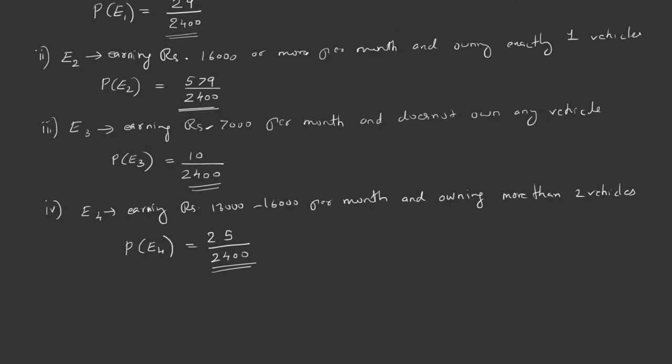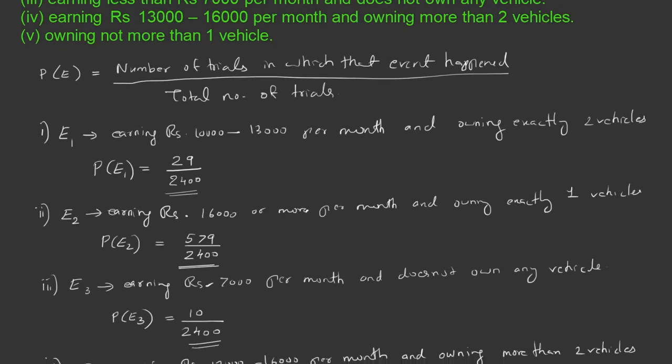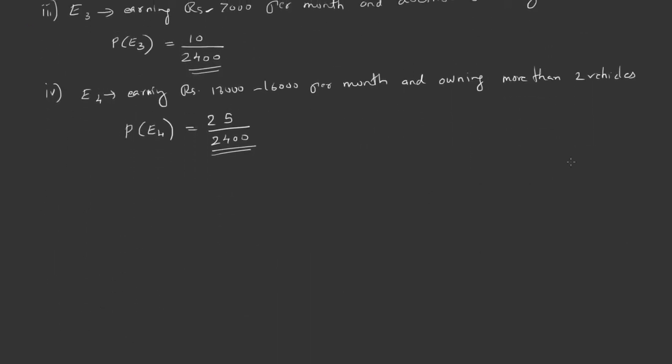The last part of this question is I have to calculate the probability of owning not more than 1 vehicle. So I can write the event E5 as owning not more than 1 vehicle.